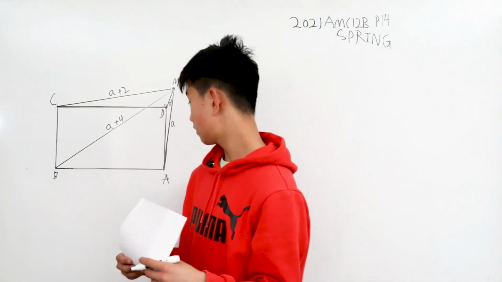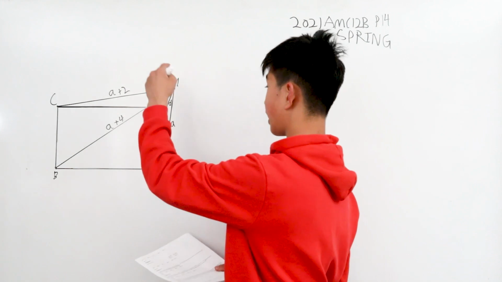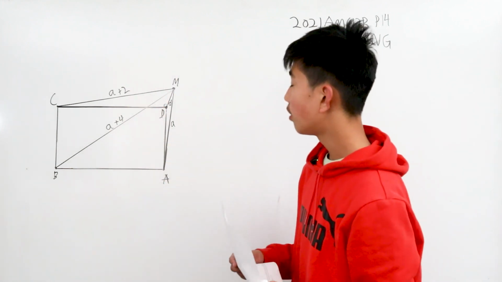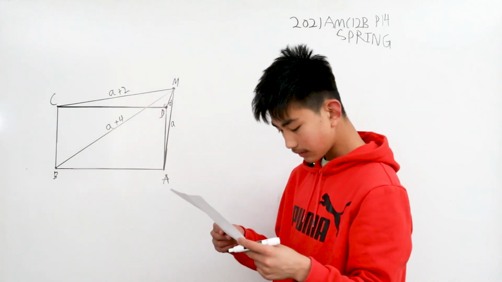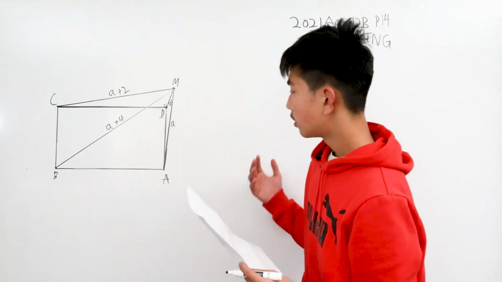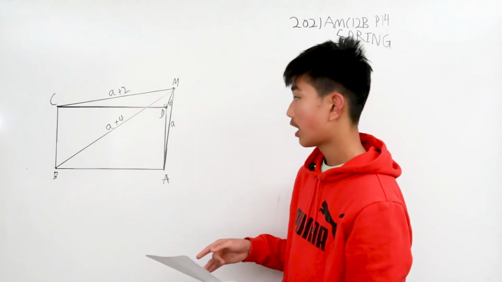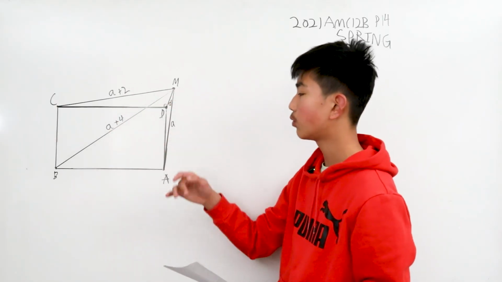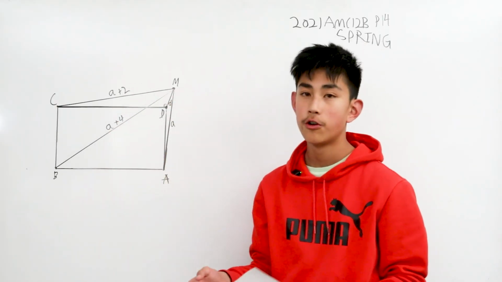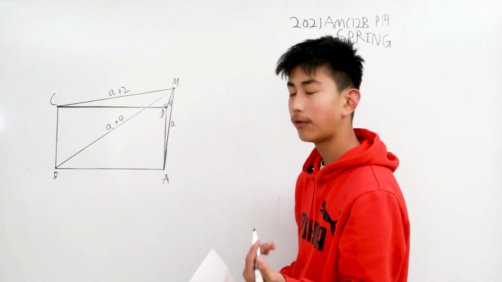So here we have MA, MB, and MC, all the segments. A is the original odd integer, and then MC is the second one, and MB is the third one. Why do we add 2 and then 4?